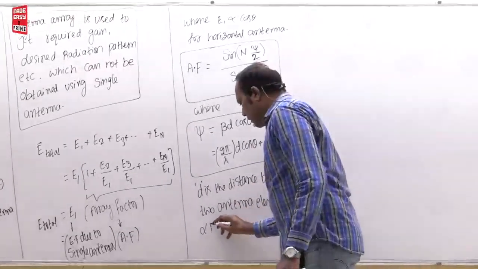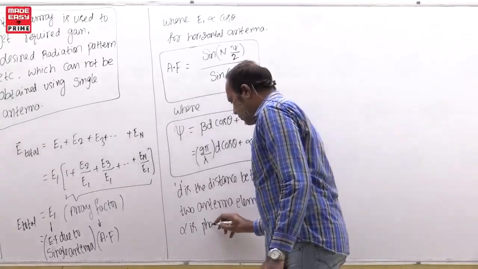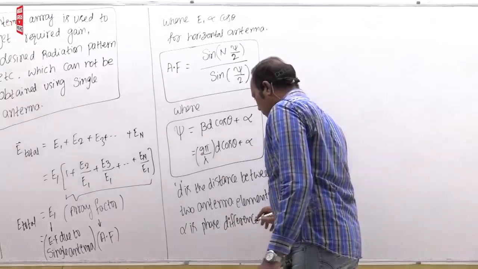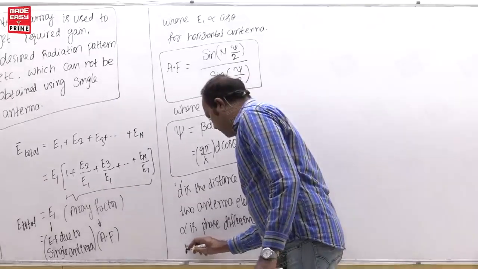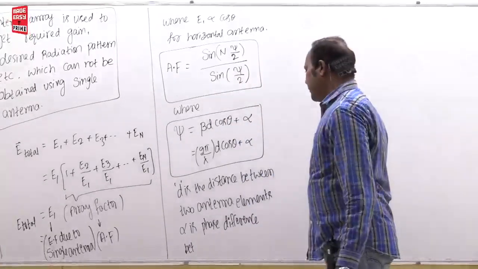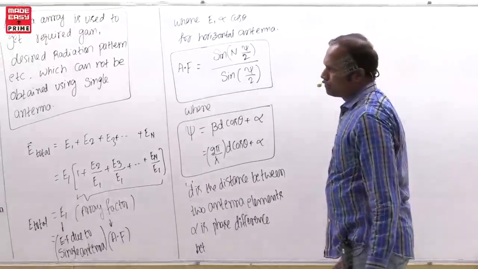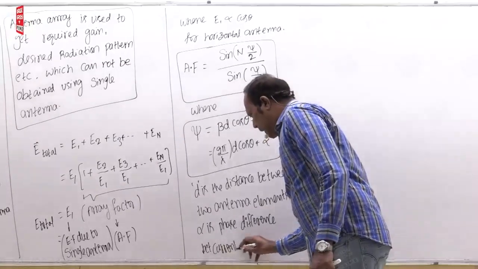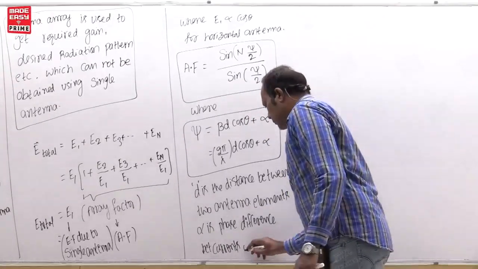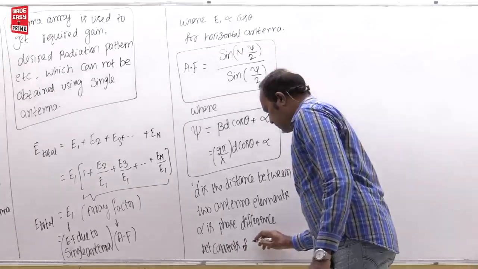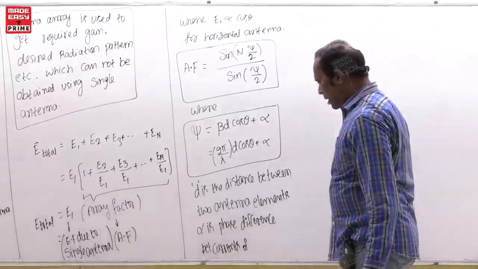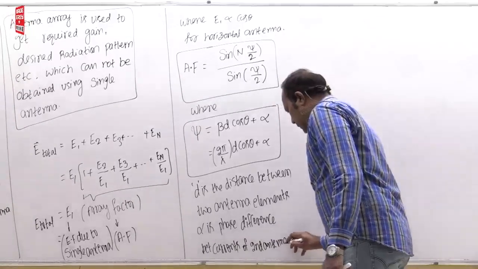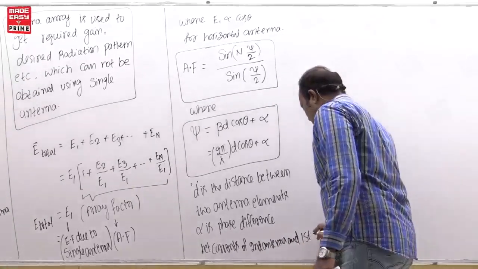Then students, alpha is the phase difference between currents of the second antenna and first antenna.